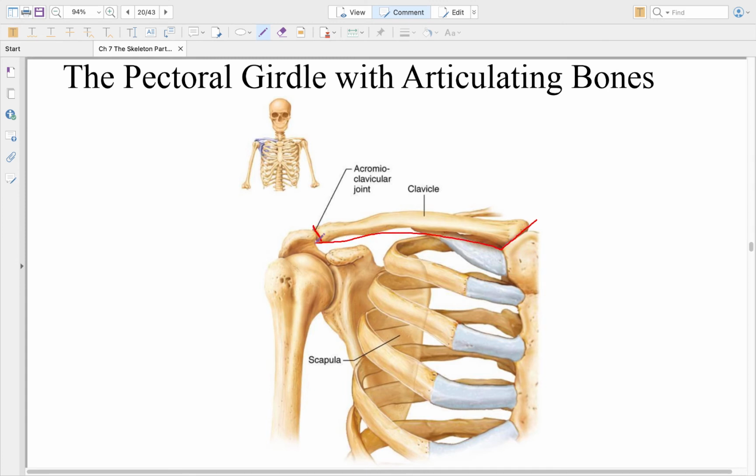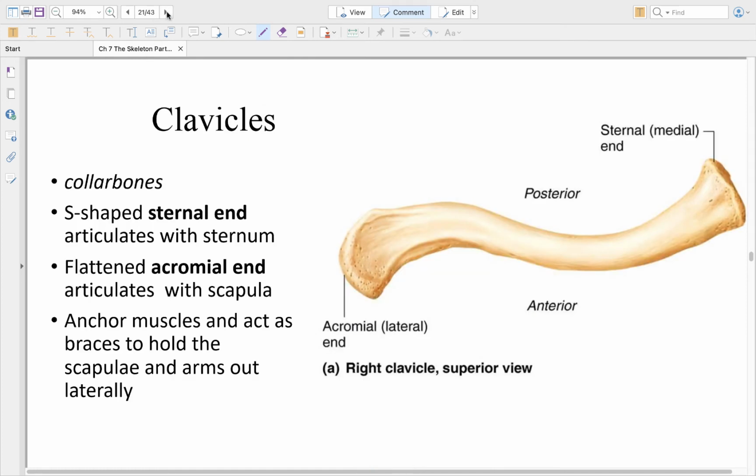Okay, this bone right here, your collarbone, with the shoulder blade. You can see most of it. Obviously, it's your shoulder blade, so it's going to be behind the ribs. And then, of course, it will connect your humerus bone, which is your upper arm. Okay, so together, those are going to make up the girdle.